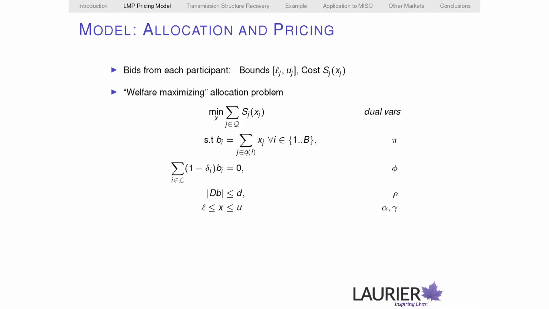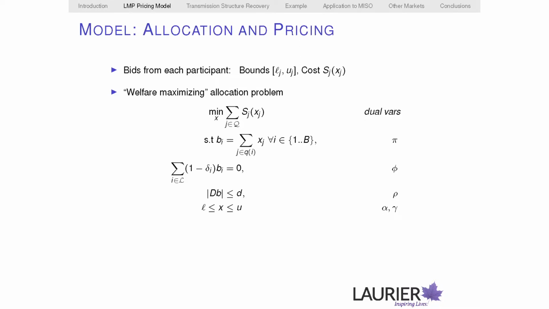And then we've got those 4 constraints: first of all, the net utilization, the market clearing, the feasible transmission, and then that each allocation is within the bounds put forth in the bids.